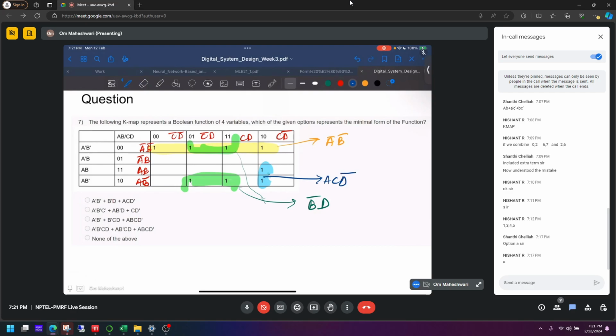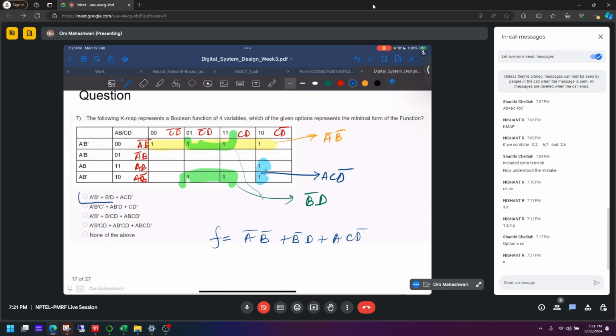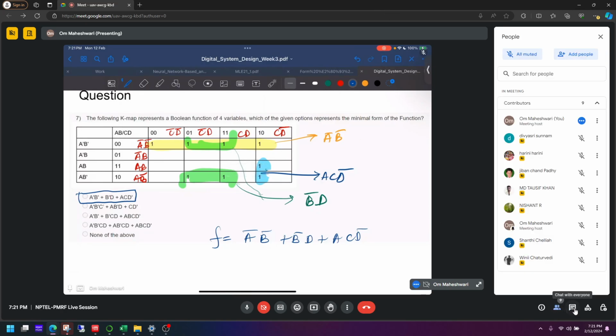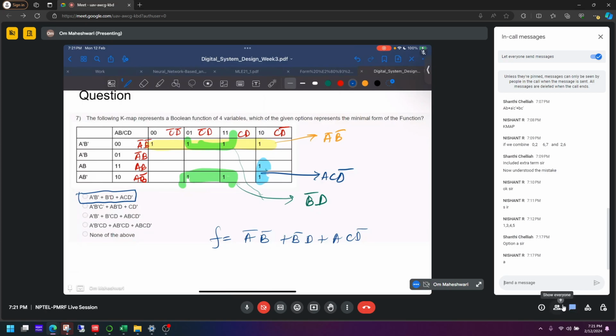So our answer is A bar B bar plus B bar D plus A C D bar, which is option A. Is this clear to all? Okay.